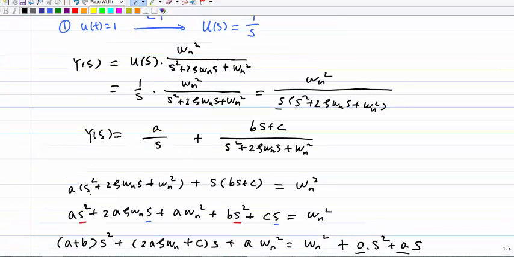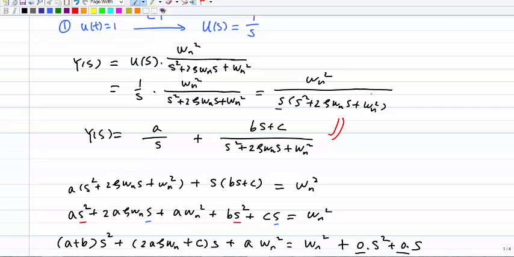So we just have to replace this. We assume this form should be equal to my original one right over here, because I rewrote Y(s) in this form.